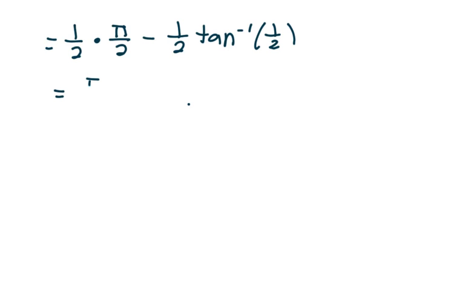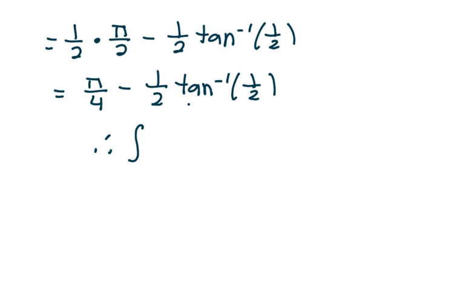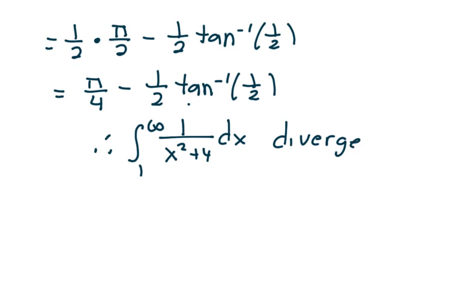But this is pi over 4 minus 1/2 arctangent of a half. And so what that tells me is that the integral from 1 to infinity of 1 over x squared plus 4 dx converges. And that's how you do example 3. So let's go ahead and take a look at example 4.